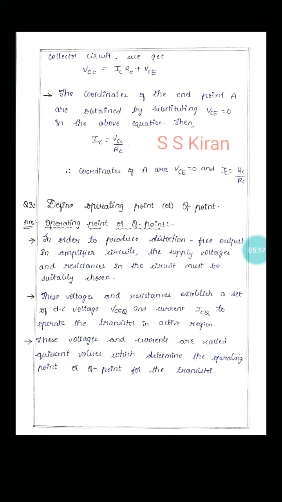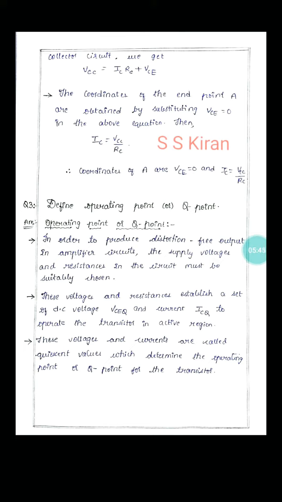VCC is equal to IC into RC plus VCE. Okay, we can write some coordinates based on this equation. At VCE equal to 0, then IC equal to VCC by RC. Finally (VCC by RC, 0). We get two coordinates. Based on these two coordinates, we draw one line also, that is called DC load line. Next question we will discuss about the DC load line also.